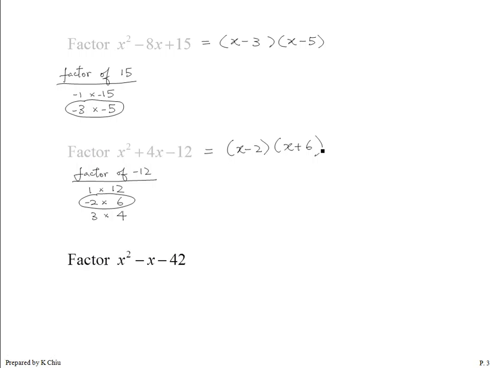Okay, let's see another one. I want to factor x squared minus x minus 42. So now I'm going to consider the factors of negative 42. So I have 1 times 42. Wow, 42 is kind of a big number, but it's not bad. 2 can go into 42.